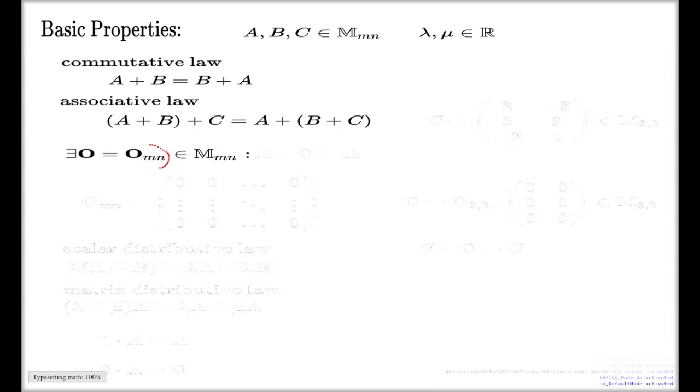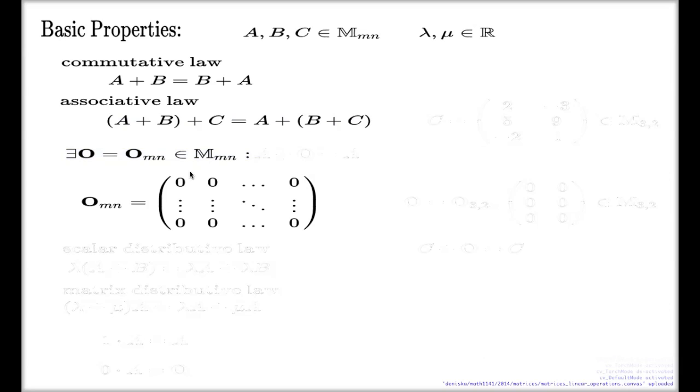The 0 matrix is the matrix filled with zeros in every entry, and if you add it to any other matrix, the matrix will not change. Keep this in mind: for different matrices, you will need different 0 matrices.